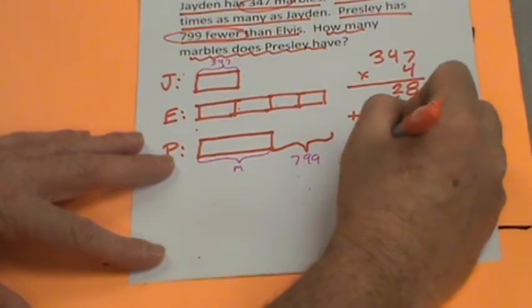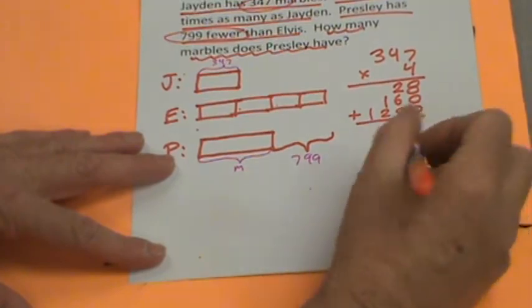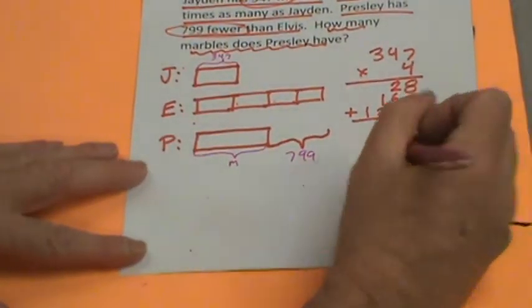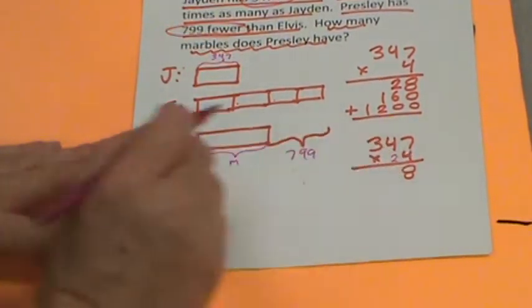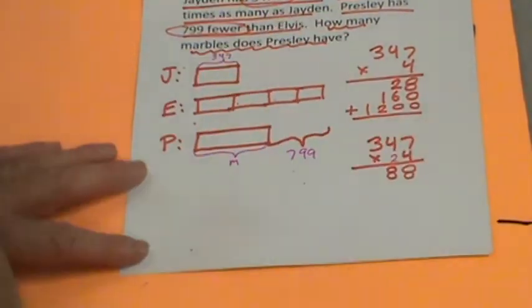For you standard algorithm fans, 347 times 4. 7 times 4 we know is 28. There's my 8. I'm going to put a little 2. See, this is why I don't like doing that. I should have put it way out here. And then 4 times 4 is 16 plus the 2. So that gives us 18.